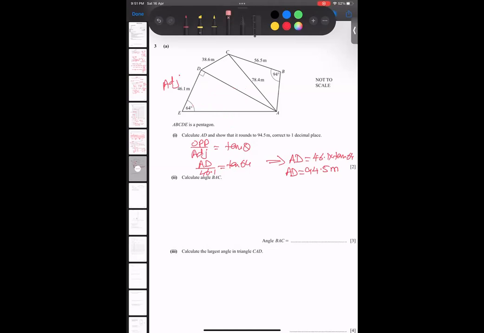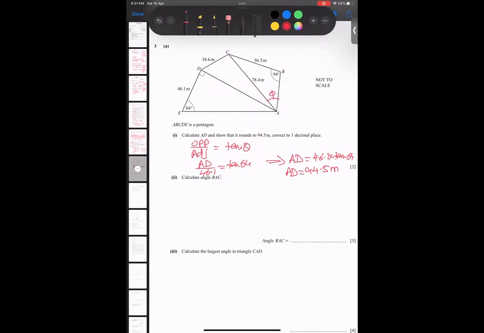Next is to calculate BAC. Where is BAC? BAC is this angle, so make sure he's asking for this angle BAC. So let's see how we can get it. Let's say this is phi. So how to get it?